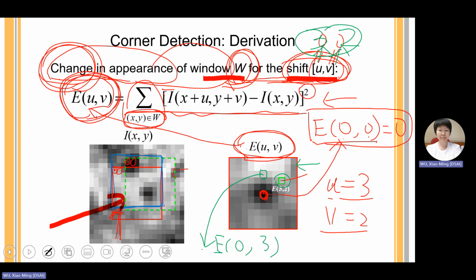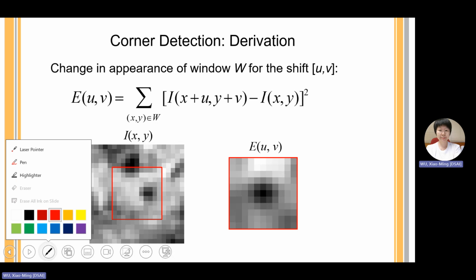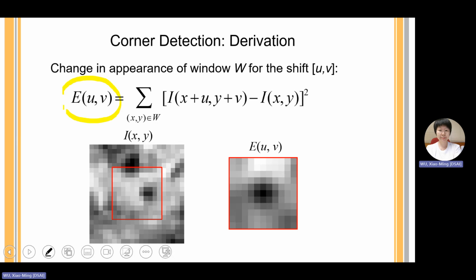So E03 represents the difference in image content between the original red window and the blue window. This is a visualization of this function. Remember, we can compute any EUV for any U and V. So this is the key function.